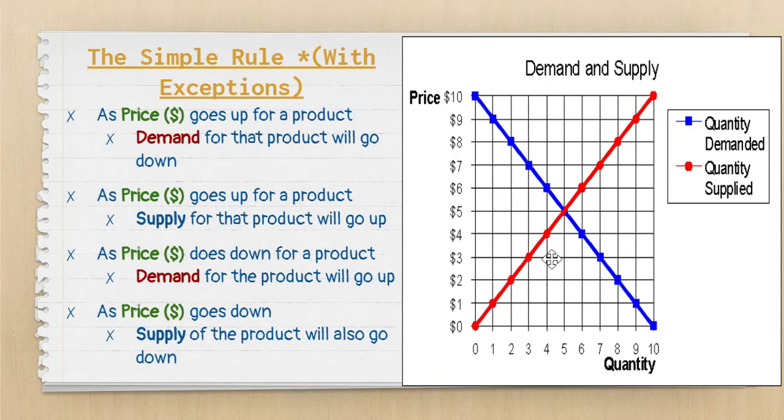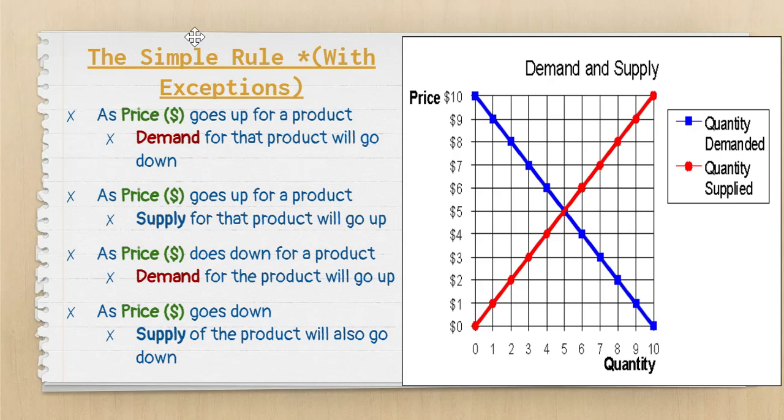And so you're going to be using all of those numbers, all of these lines, to try to figure out the best price to charge and the best quantity to supply. And if you have more questions about how to find that perfect price or that perfect demand, I will be posting practice problems on this channel as well.